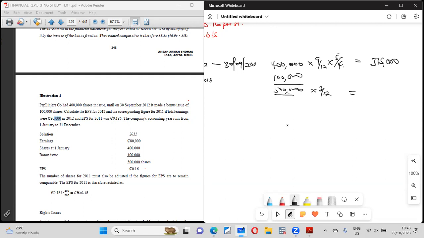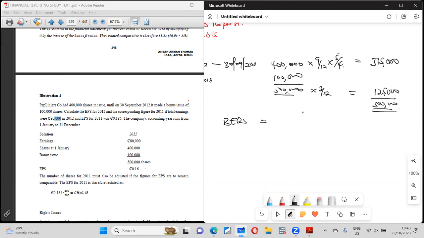Then the 3/12 by the 500 gives you the 125. It still brings you to the 500,000 shares because it's a bonus issue.